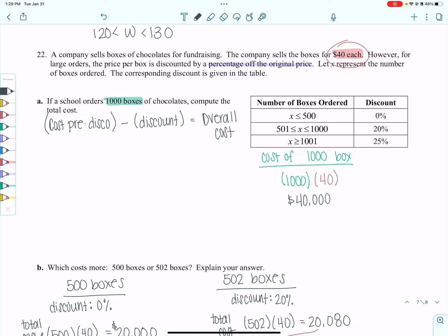Now that would be if there was no discount. If there's no discount, the total cost would be $40,000 for all of the chocolate boxes. However, because I fall in this category, since it is less than or equal to 1,000, I get a 20% off discount.